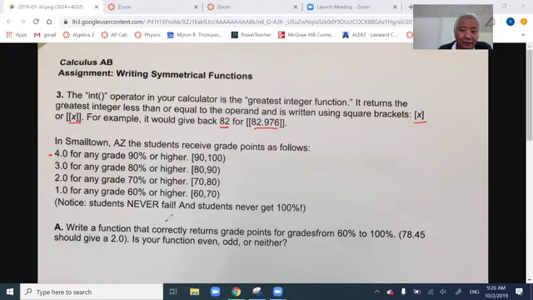They ask you to write a function that correctly returns the grade points average for grades from 60 to 100%. They ask you, is this function even, odd, or neither? So let's work on this now.